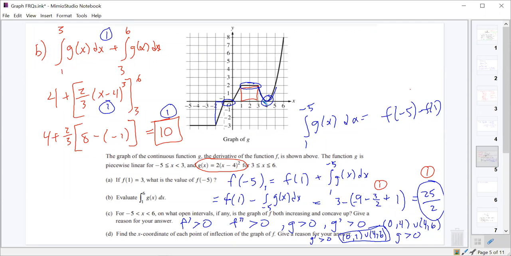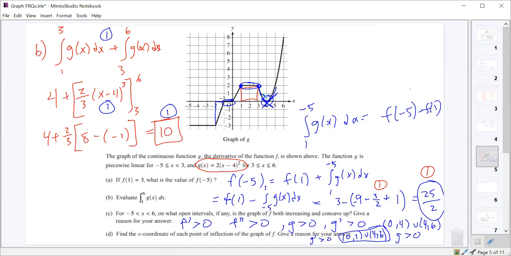Right, so our slopes here go from negative to positive. All the other places where our derivative of g might be undefined, like here or here, our slopes go from positive to 0 or 0 to negative, or here, slopes go from 0 to positive or negative to 0.